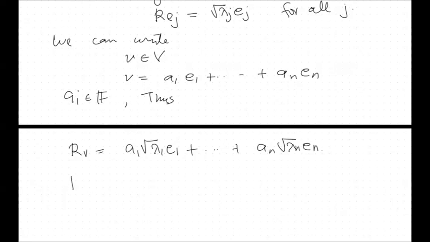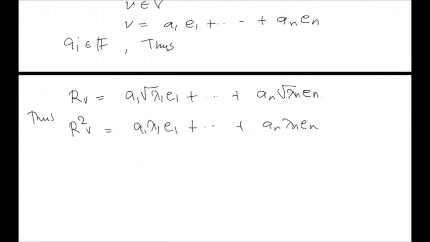And if you operate twice, you get a1 lambda 1 e1 up to an lambda n en.